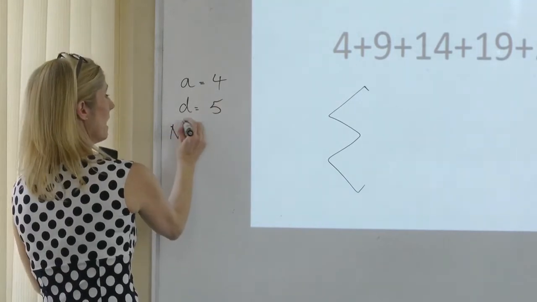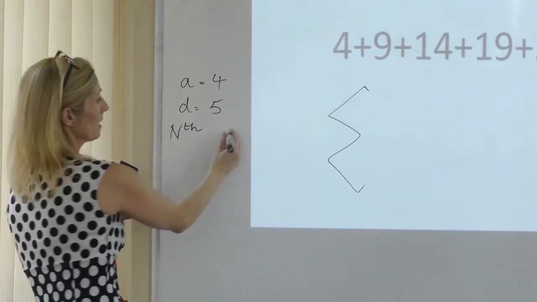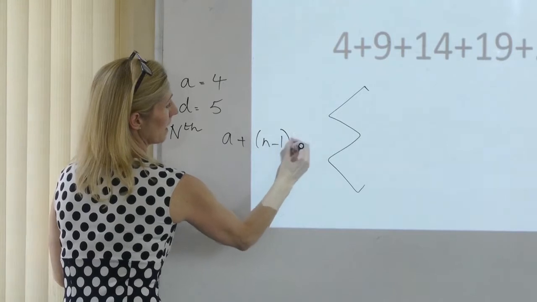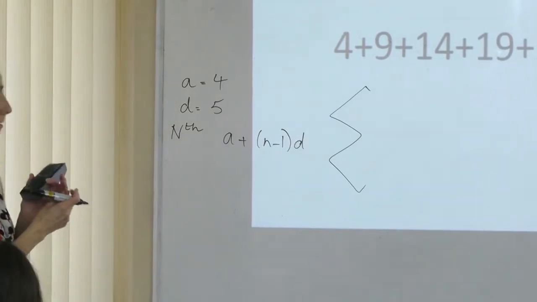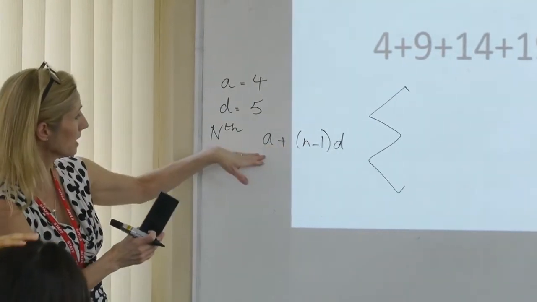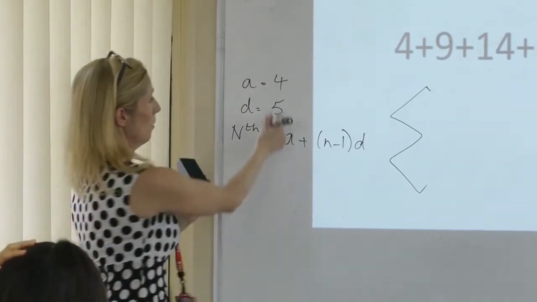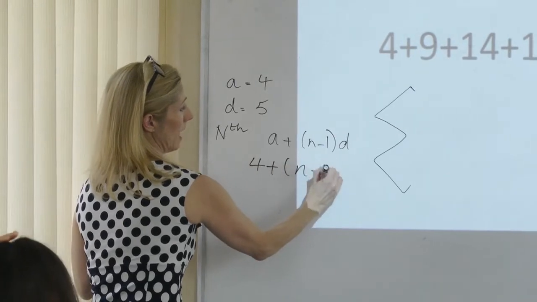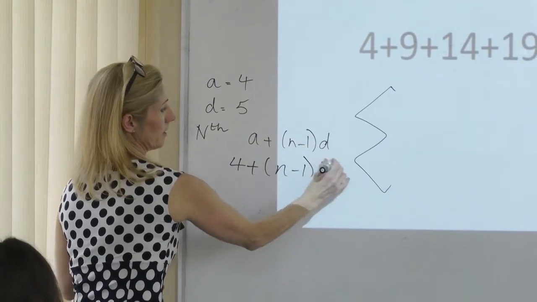So if we are creating the nth term, the formula that we're using is A plus (n minus 1)d. Alright, so if we substitute in, then 4 plus (n minus 1) times 5.